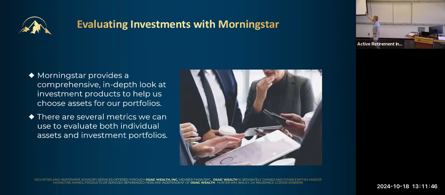They just provide a comprehensive, in-depth look at the products to help us choose them. And there's a lot of metrics that we can pull from these reports. So everything that I talk about will be included on a Morningstar report. But like I mentioned, you can use them individually. They're not exclusive to a Morningstar report. They just happen to be my favorite things to look at when I'm looking at an investment report.